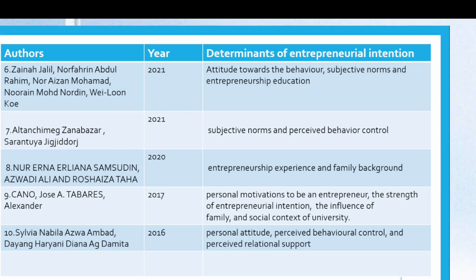These authors concluded that the determinants are entrepreneurial experience and family background. These authors concluded that the determinants are personal motivations to be an entrepreneur, the strength of entrepreneurial intention, the influence of family, and the social context of the university. These authors concluded that the determinants are personal attitude, perceived behavior control, and perceived relational support.